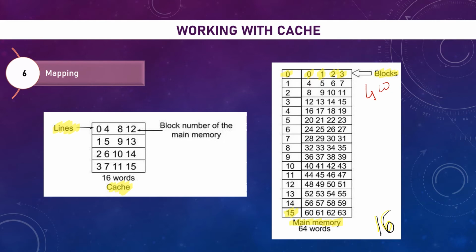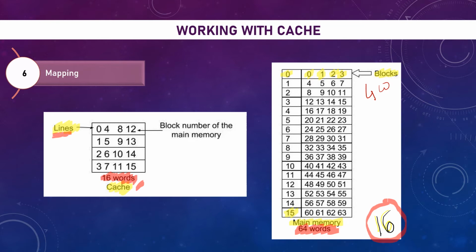So the total capacity of this main memory is 64 words, meaning we can store 64 words. Based on the total number of blocks and the total word capacity, we need to divide this into lines.